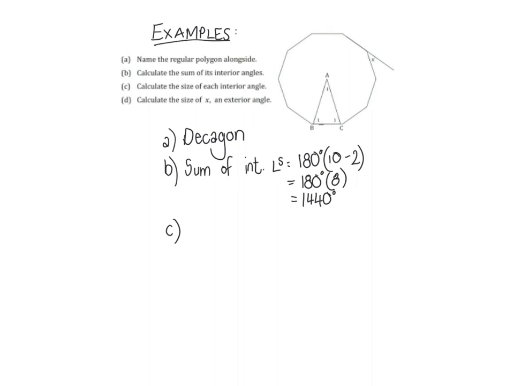So therefore you can say the size of each interior angle equals the 1,440 degrees for all the angles together divided by 10. It's the amount of angles there are. And that, of course, gives you 144 degrees for each angle. This could only be done if we know that it's a regular polygon. Okay? And then D, calculate the size of X, an exterior angle.